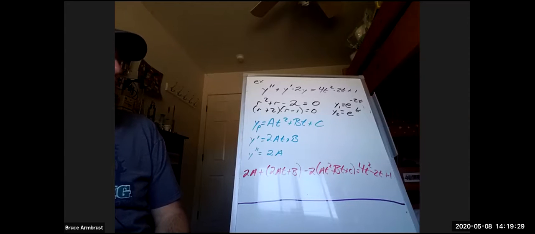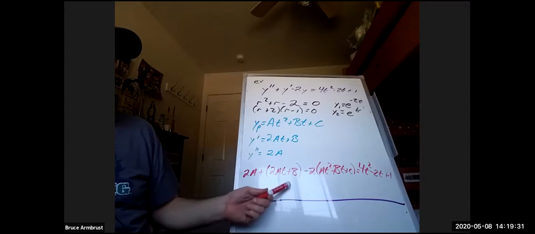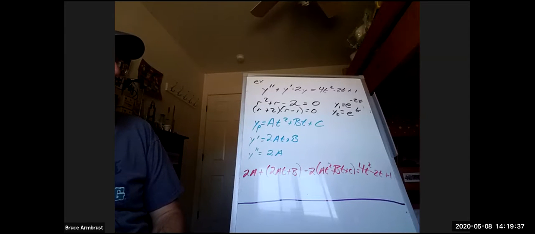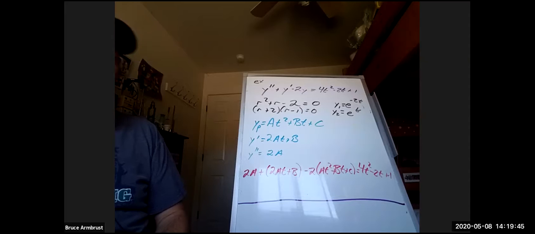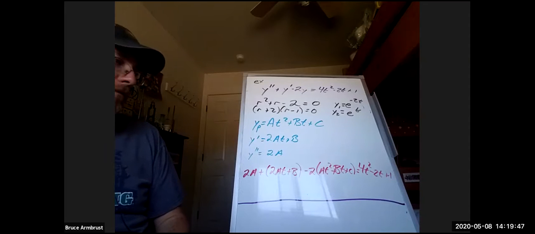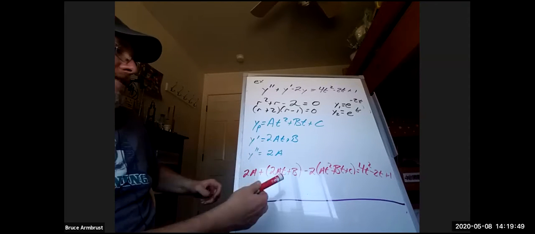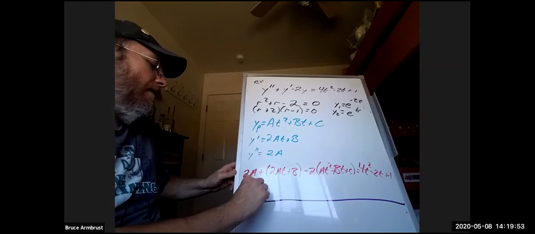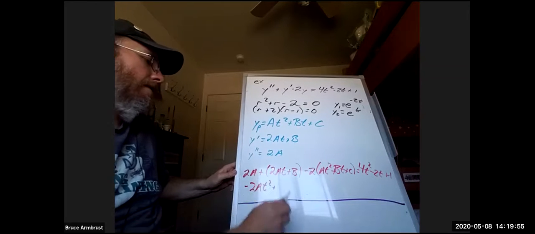So really this just comes down to what does this force A, B, and C to equal? What I'm going to do is group everything on this left-hand side by the coefficients on the powers of t. So on our t squared, there's only one of them, it's going to be minus 2A times t squared.